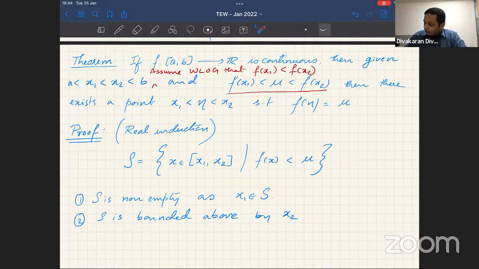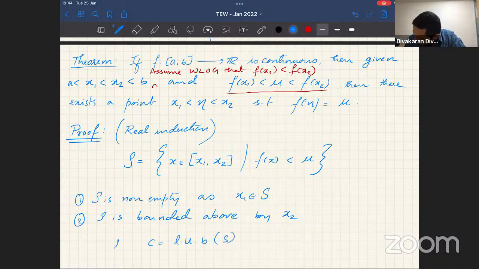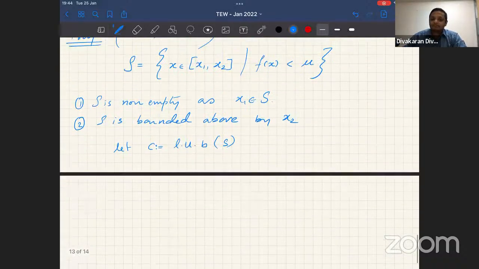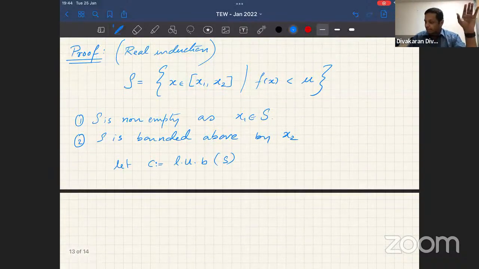So let's call this least upper bound C. Let C be the least upper bound of S. Can you see that? Is it clear that there exists a least upper bound? I'm just going to give it a name, namely C.